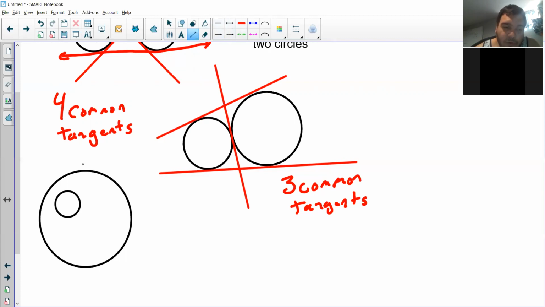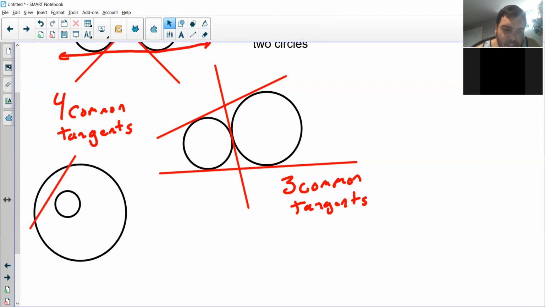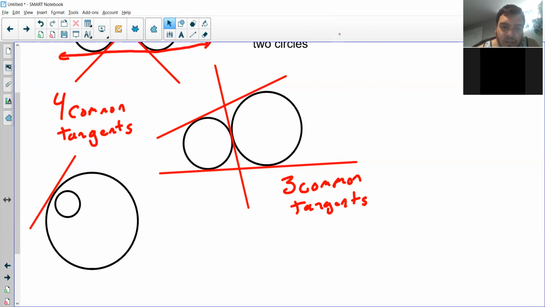Now, somebody said two, top and bottom, but the issue is if I draw a line that's tangent to the bigger circle, let me move this to the side so I can move my chat box. In this one, I cannot get it inside because what happens? The line stops being a tangent to the bigger one and starts becoming a secant.